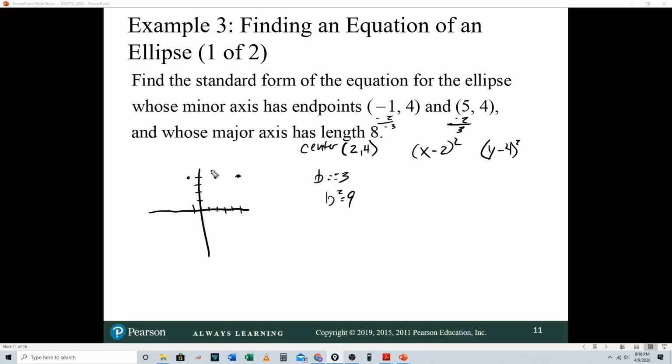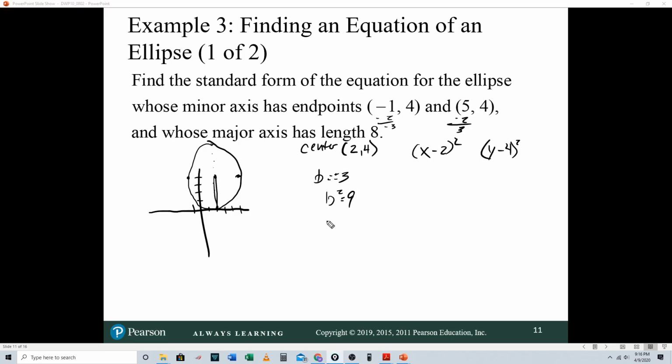We need that. Now, they give us the major axis has a length of 8, which, remember, is the whole length. Half the length gives you the length of a.